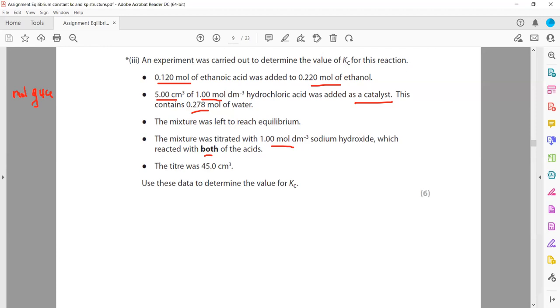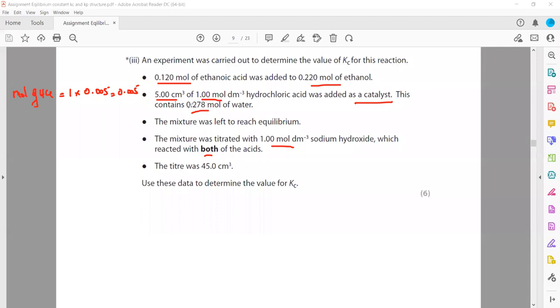So we have to convert into decimeter cube. We divide by 1000. So it will be 1 times 5 divided by 1000. So the moles of HCl is 0.005.